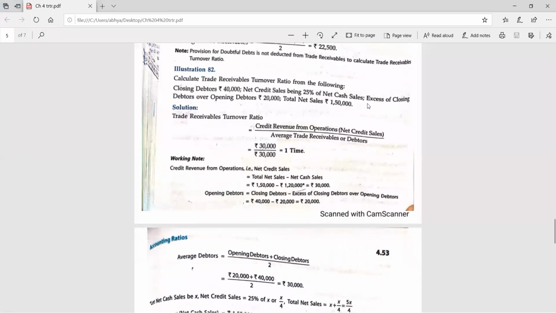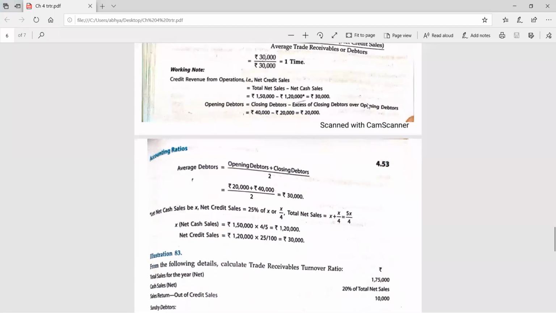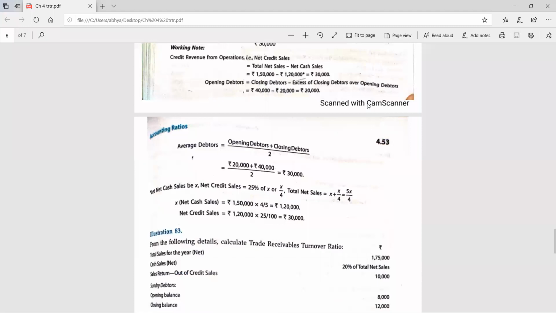Now assume cash sales, net cash sales, be X, and credit sales are 25% of X. So 25 upon 100 into X, so credit sales will be X by 4. The total sales is equal to cash plus credit. Cash was X and credit is X by 4. So the total is equal to 5X upon 4, which is equal to 1,50,000.